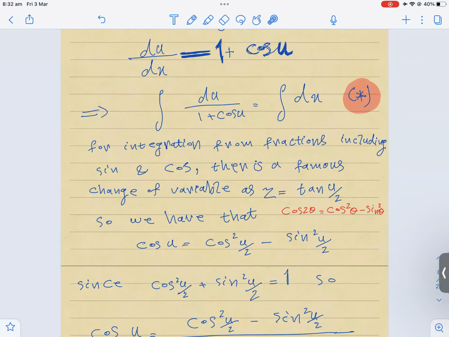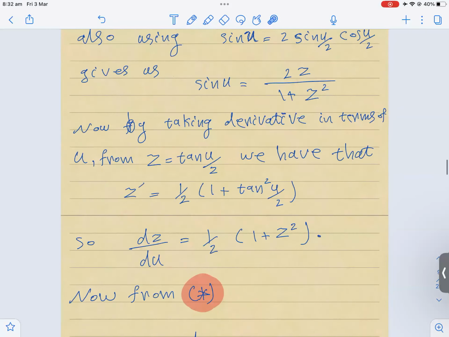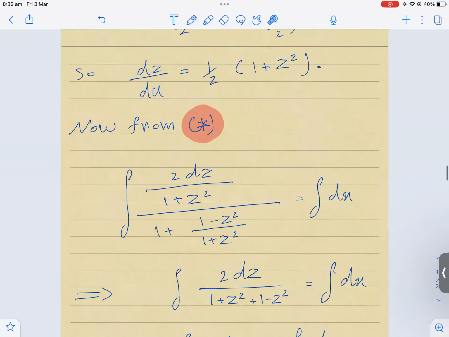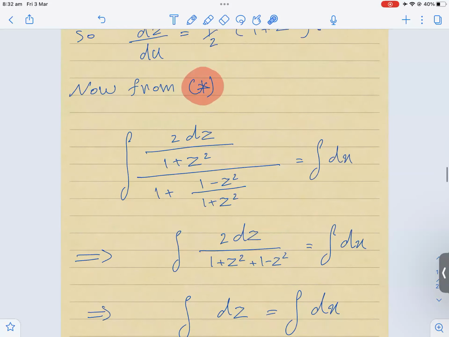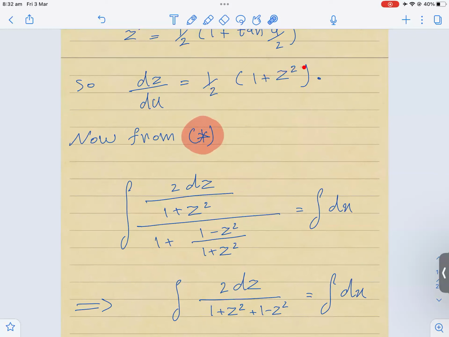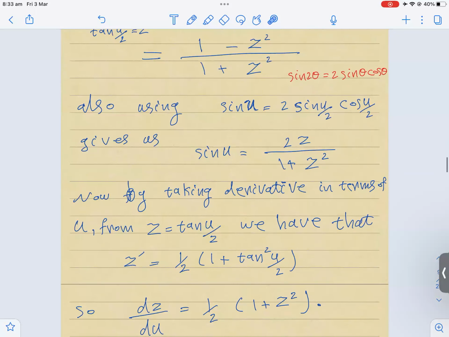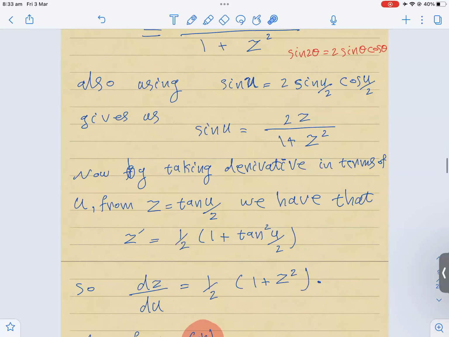Integral of du divided by 1 plus cos u will be this one. I substitute what I have created with this change of variable. Integral of du will be this one, if I cross multiply things, I will get this. Instead of cos u, as I said, it will be this one here.